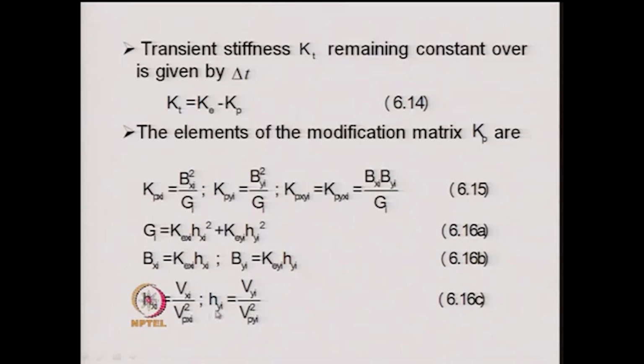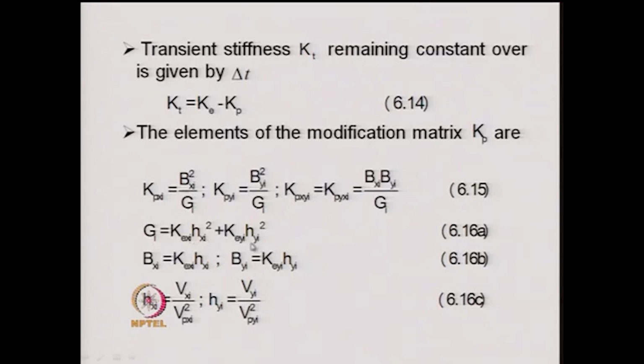calculate Hxi and Hyi, and knowing the values of Keyi and Kexi, one can calculate Bxi and Byi, and once we know that, then Kpxi and Kpxyi etc. can be found out, where Gi is given by this. Here again Hxi and Hyi are known, Kexi and Keyi are known.